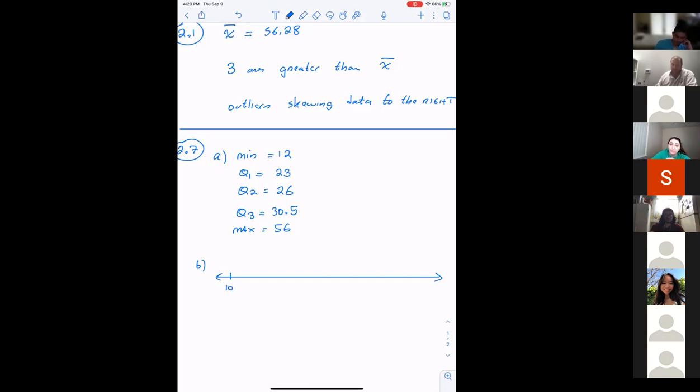And how far do I want to go? Past the maximum. So what's a good number to stop at? So 60, okay, 10, 20, 30, 40, 50, and 60. You can admire my masterful equal spacing later.